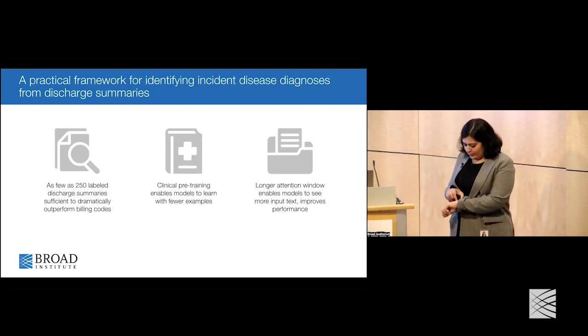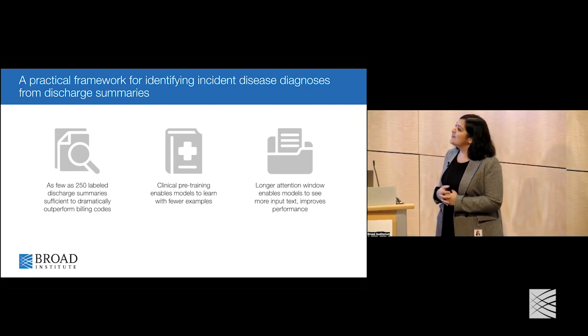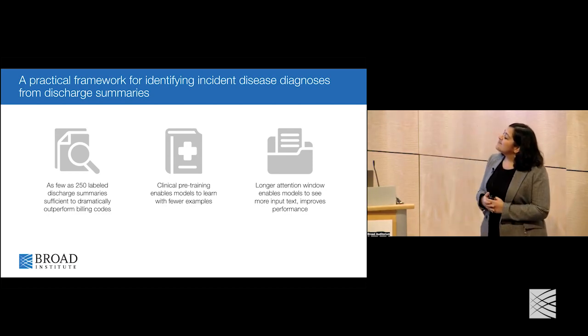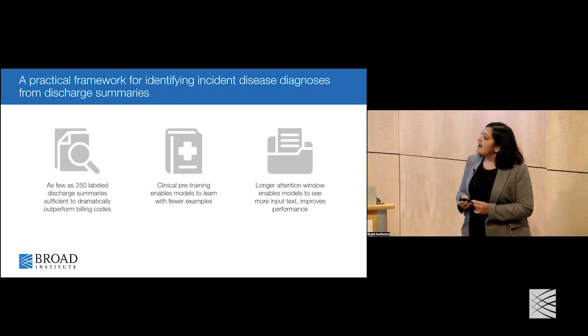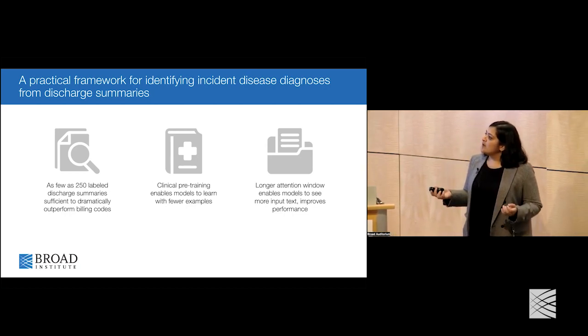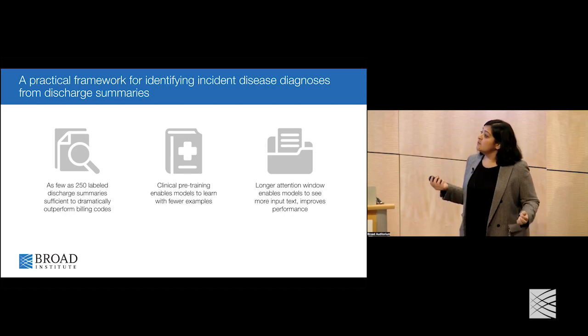So that's the little vignette of heart failure. I'm running quite late, so I'm hopefully just going to give you a quick overview of what we've learned from this. I think this framework is able to identify incident disease diagnoses with quite few labels.